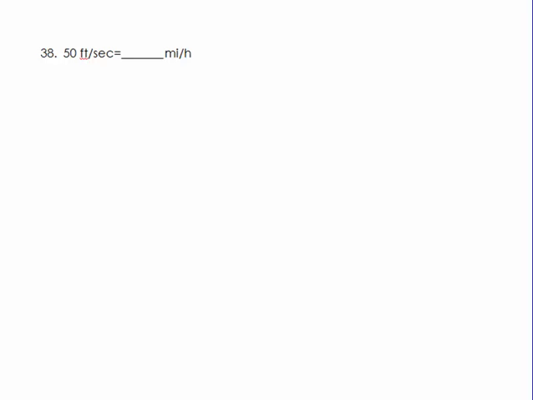Now this, I really like this question. Here we have 50 feet per second, and we want to convert into miles per hour. So now I have 50 feet, and look, they gave me the division here, over 1 second, times.